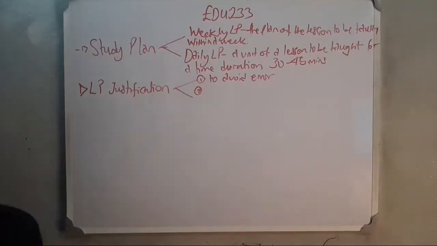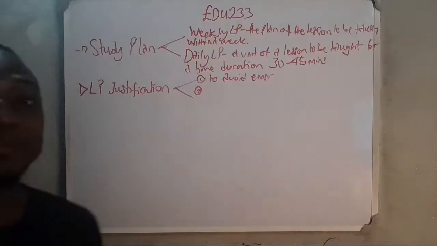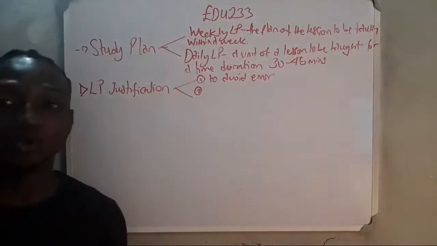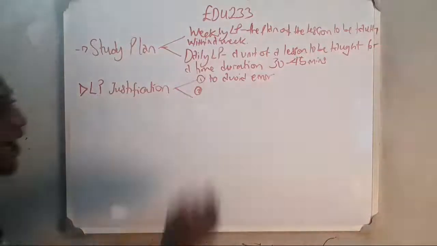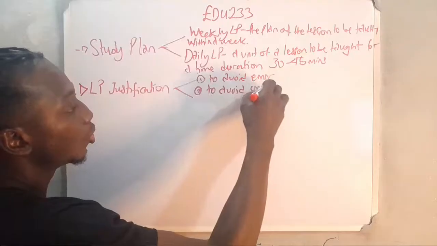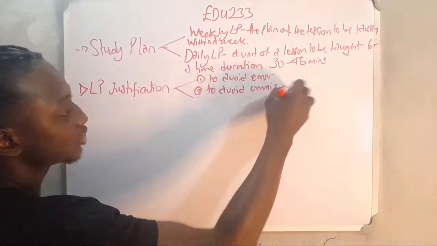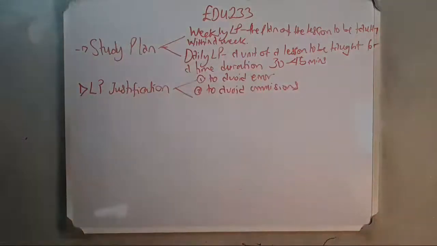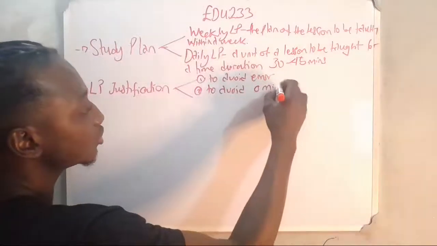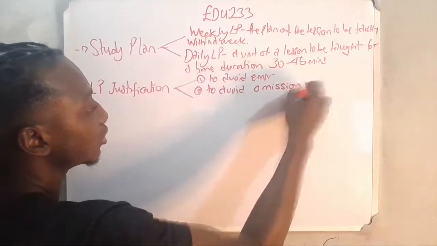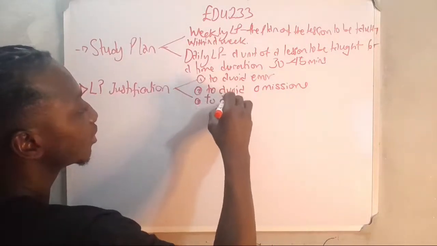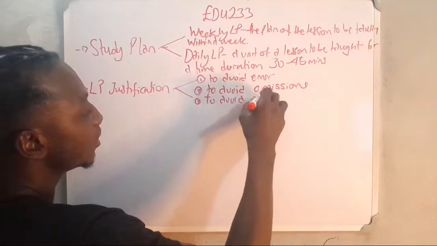Omission means skipping things that are important, and repetition means repeating what has been taught before. So: to avoid errors, to avoid omissions, to avoid repetition.